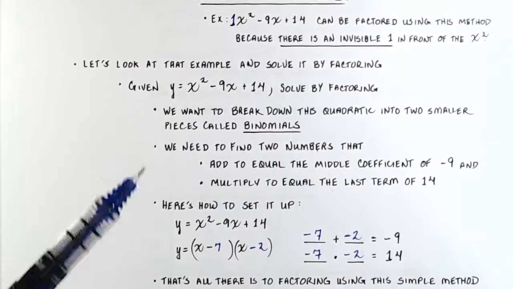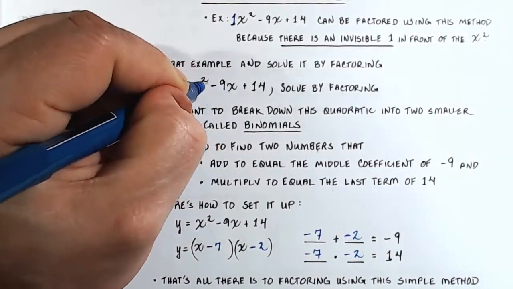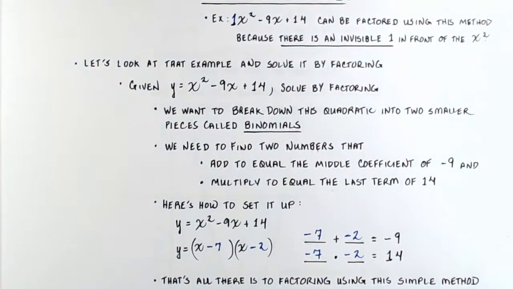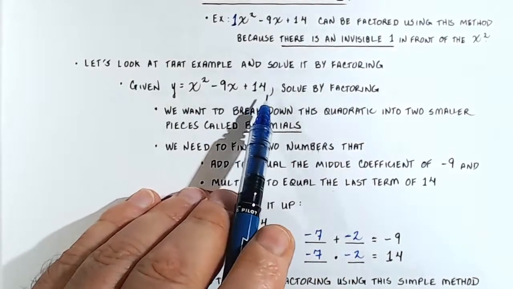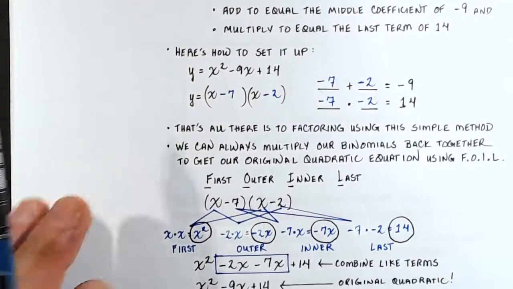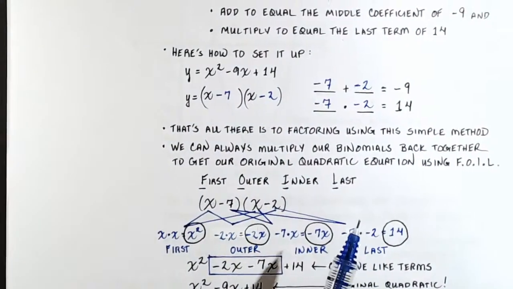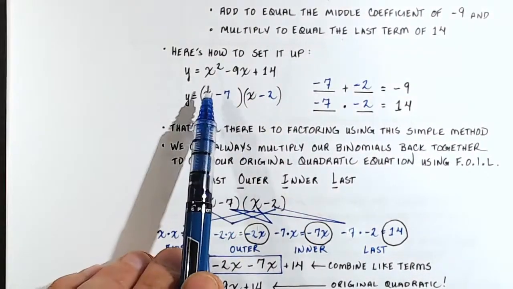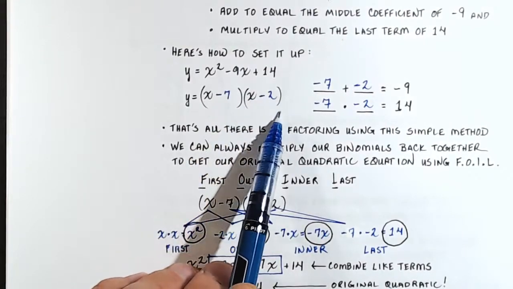So what I'm looking for are two numbers that add together to equal this middle coefficient and multiply together to equal the last term of 14. Here's how to set that up. I've rewritten y equals x squared minus 9x plus 14, and I have drawn open parentheses, close parentheses, open parentheses, close parentheses.